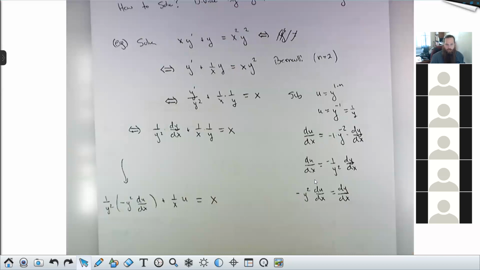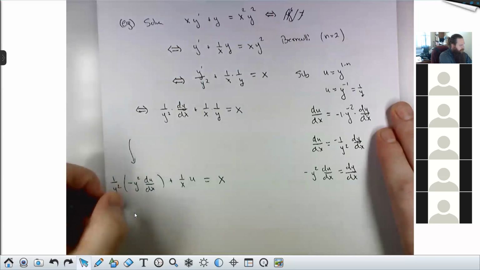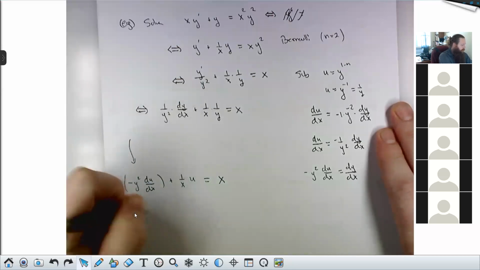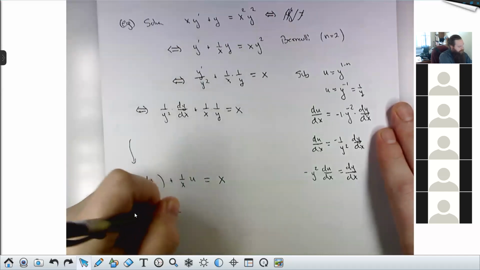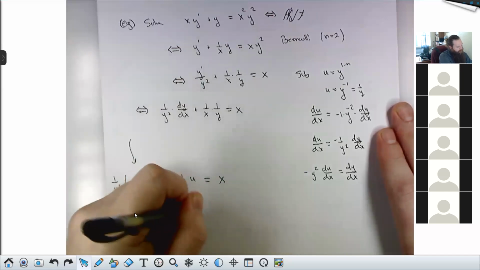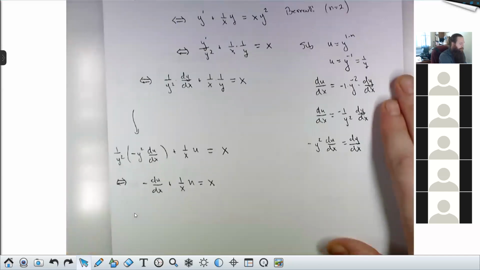We clean everything up as much as we can, and the result is a nice linear equation because the y squareds go away. So 1 over y squared times negative y squared is -1. So this is equivalent to negative du dx plus 1 over x times u is equal to x.